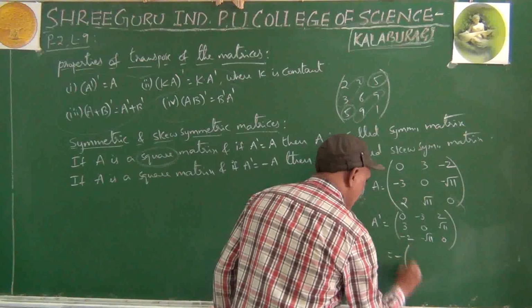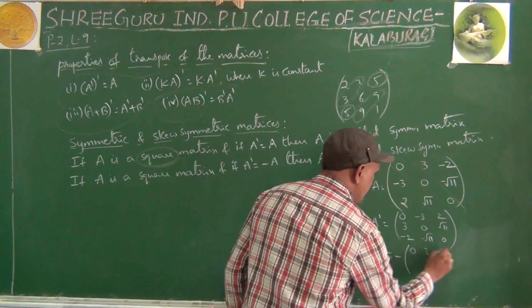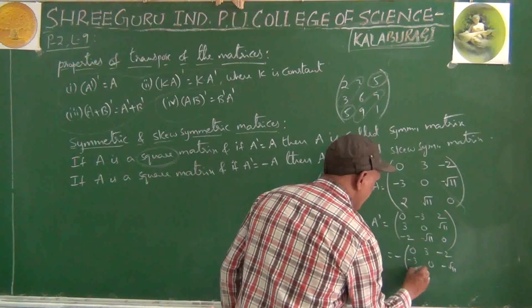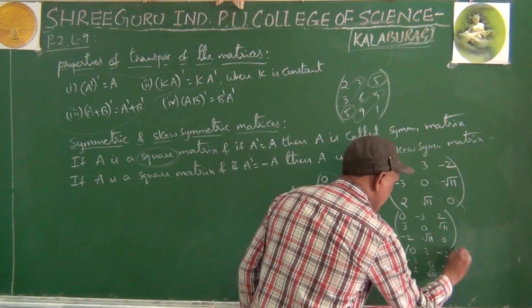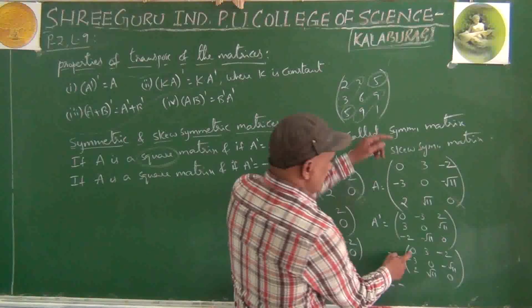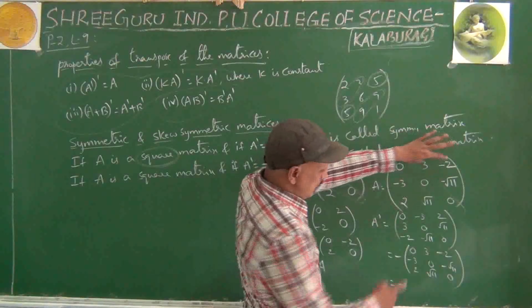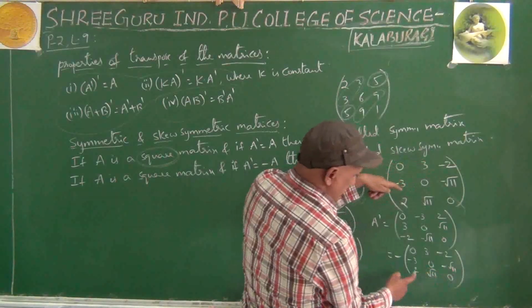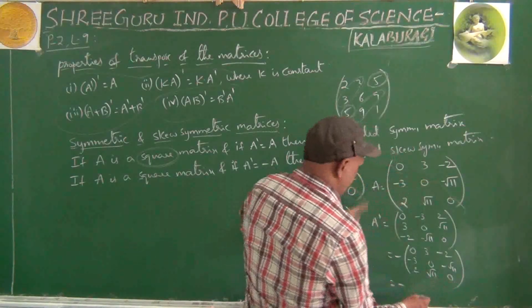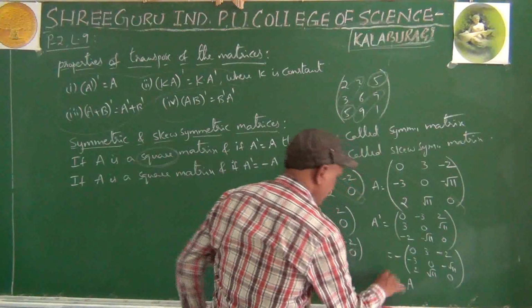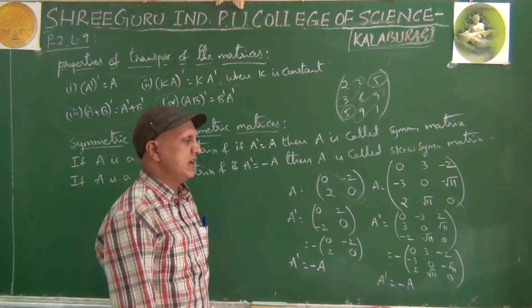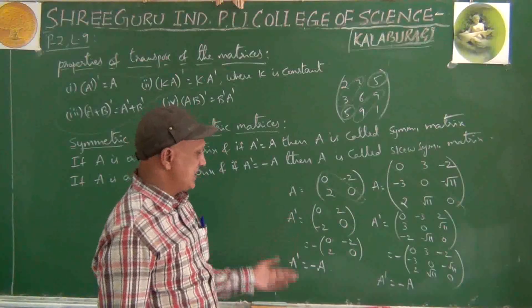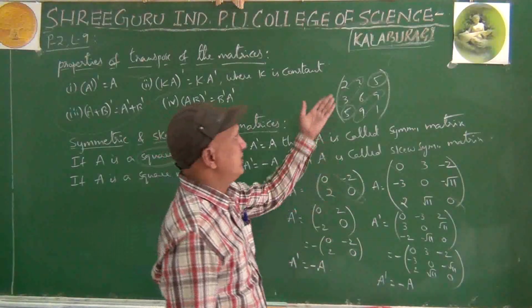Take minus common from all these: 0, 3, minus 2, minus 3, 0, minus root 11, 2, root 11, 0. So A dash equal to minus A. That's why this is skew symmetric.